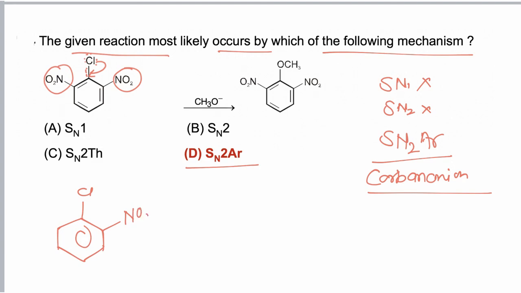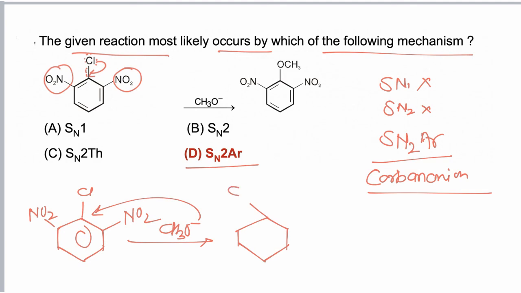So this is the case of the SNAr mechanism, and if we draw the mechanism of the reaction, two NO2 groups are present at ortho positions. CH3O negative attacks as a nucleophile and a carbanion intermediate, which is also called the Meisenheimer complex, is formed as an intermediate. Now this anion is stabilized by the electron withdrawing groups present at ortho position.